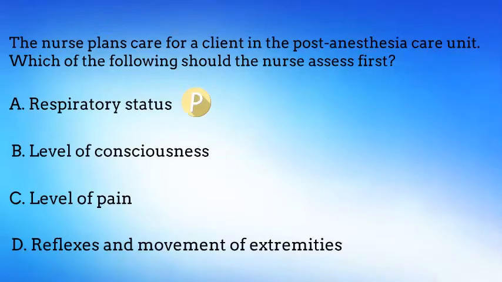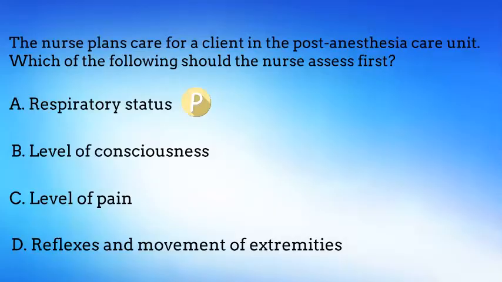In option C, we have level of pain. The question told us that this patient is in the post-anesthesia unit, which means the patient just had surgery or a procedure, so pain would be expected. So as of right now, we still have respiratory status as our number one choice.